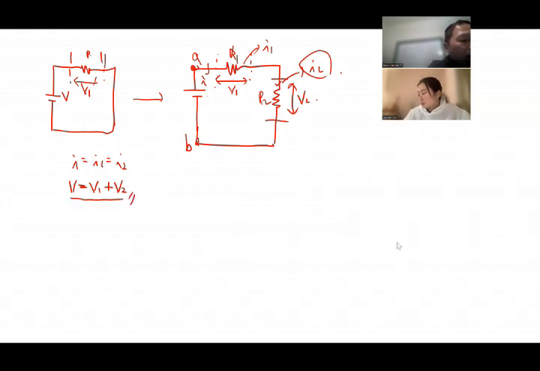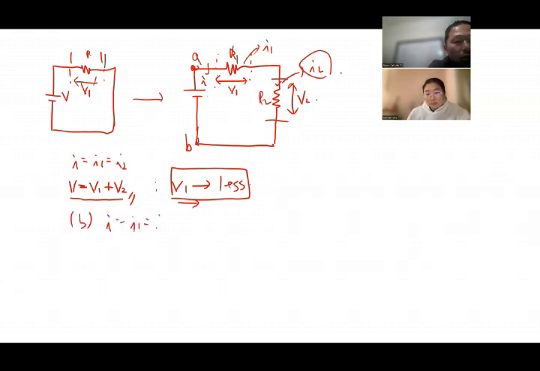So basically V1 is less by adding more resistance, and for B, I is I1, I2, the same as before. And for C, V is V1 plus V2.